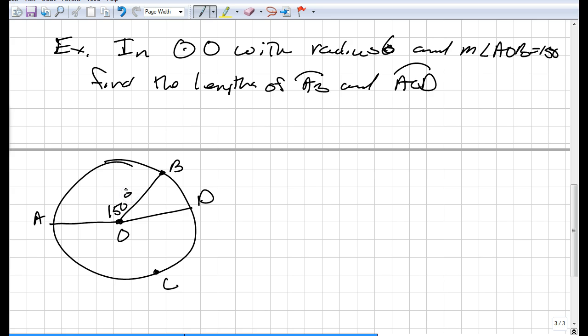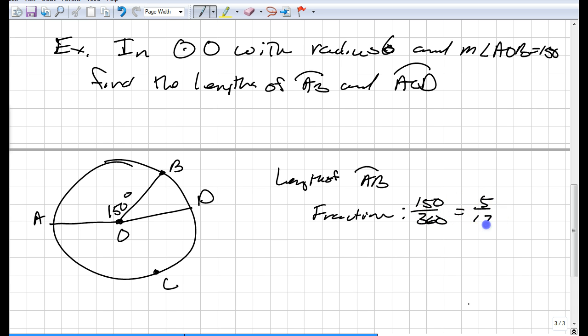So then length of arc AB. Well, first we figure out what the fraction is. So that's going to be 150 over 360, or 5 over 12 if we reduce that. Then we figure out what the circumference is.